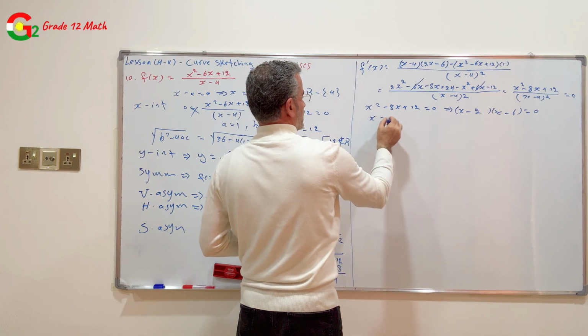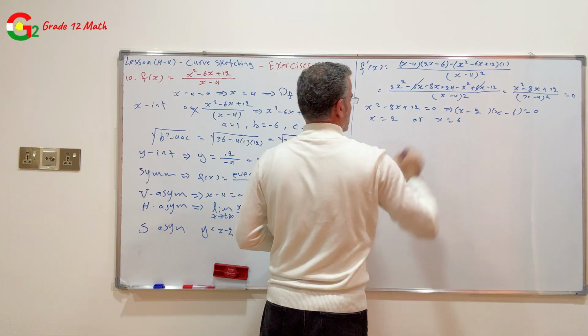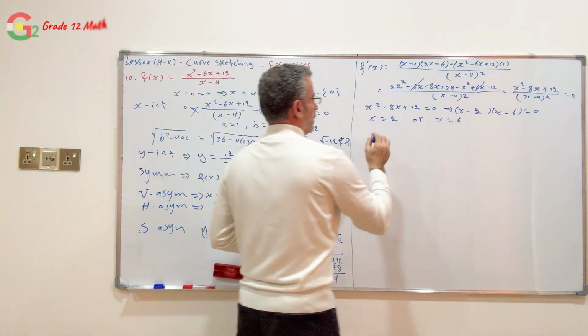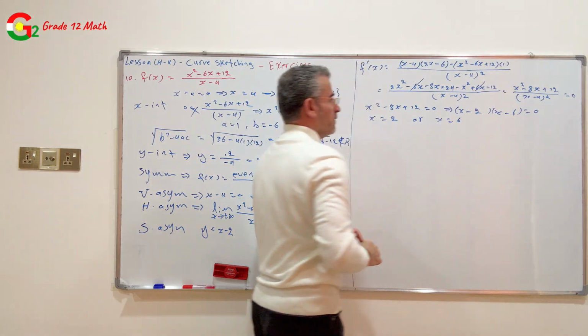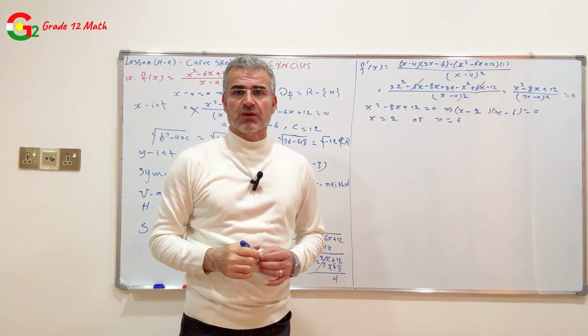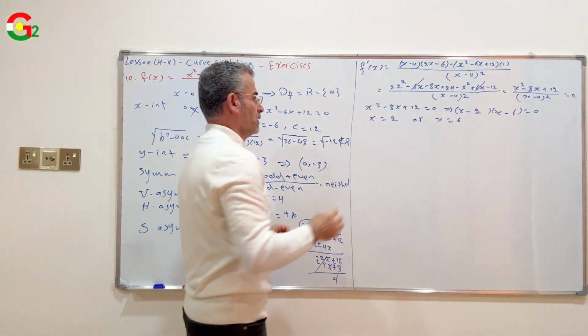Either x equals 2 or x equals 6. We have two critical points. Also, the first derivative is undefined at x equals 4, but 4 is not within the domain of this function.